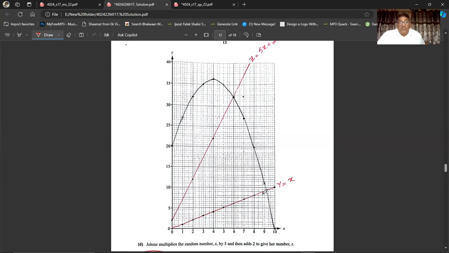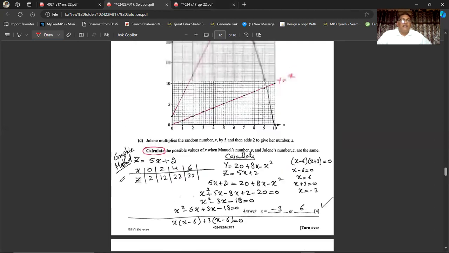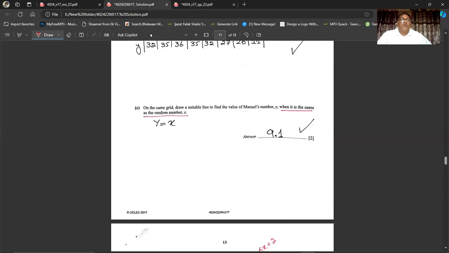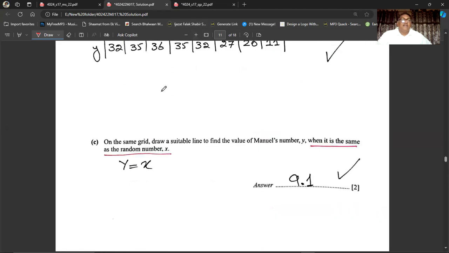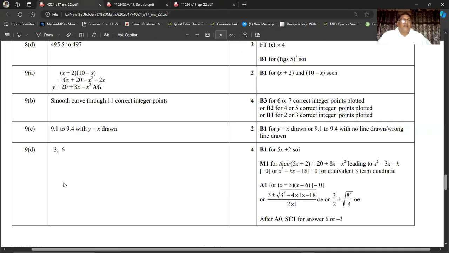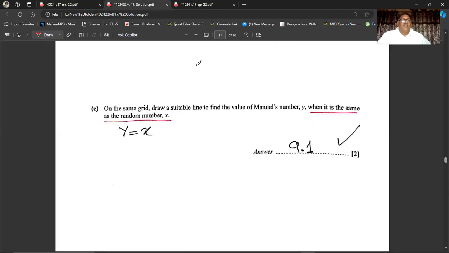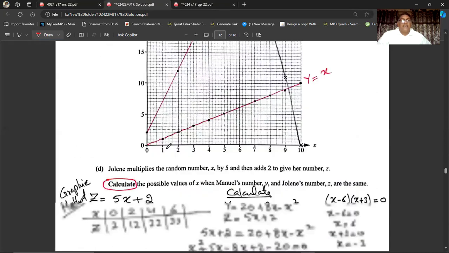And where it cuts your graph, we have to check the value of x there. This is 9 point something, and that value here is 9.1. So when I draw that line, I come to know that the value will be 9.1, and this is the right answer. Okay, so we are going to the next part.